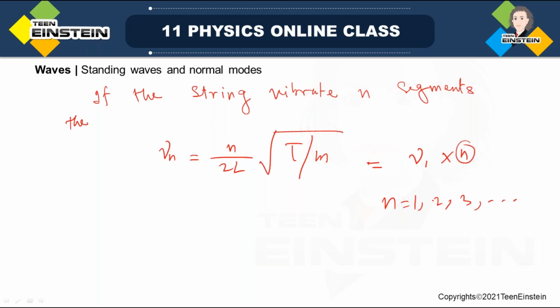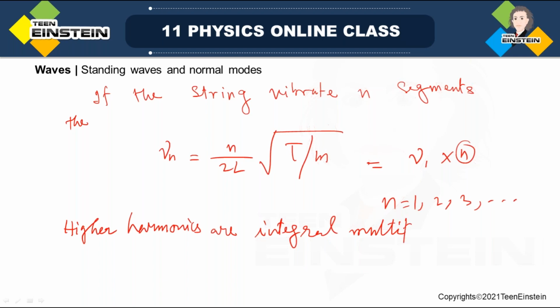Higher harmonics are integral multiples of the first harmonic.